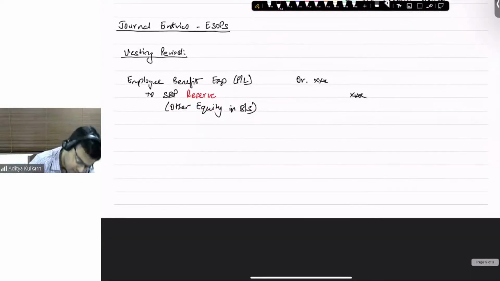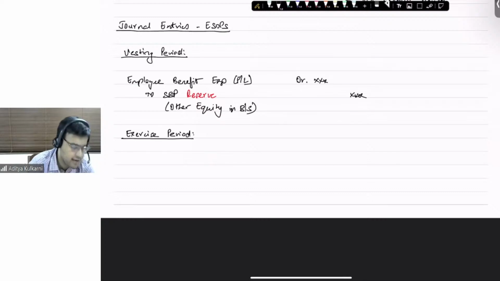Exercise period. Under your exercise period, what is the entry that you are going to pass? Well, the employee will exercise, so he will pay the exercise price.